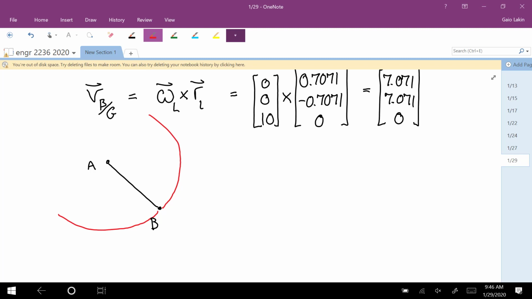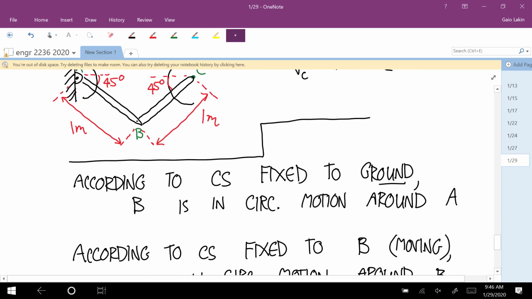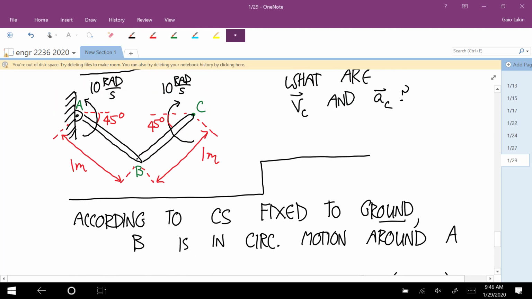So it's 1 times cosine and sine of negative 45. In the cross product, y gets flipped. So this is the vector RL. And if you look at the picture, you can see that the velocity vector is tangent to the circle, so it has to be like this.